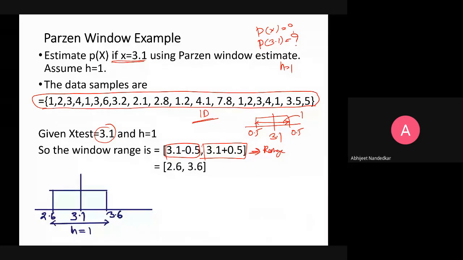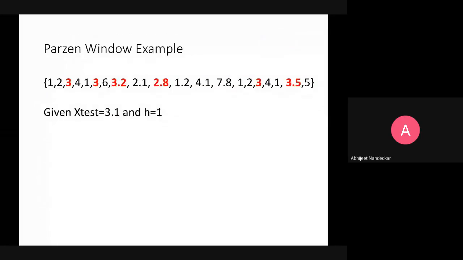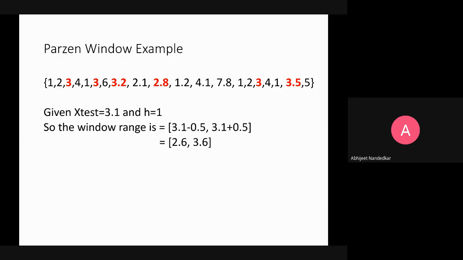It is looking like this, right? Now the next step is to count how many samples from the given list fall into this window. So I have marked the red ones here. This is 1, 2, 3, 4, 5, and 6. So these are 6 samples that fall in the range 2.6 to 3.6.